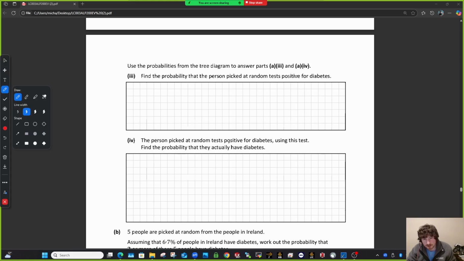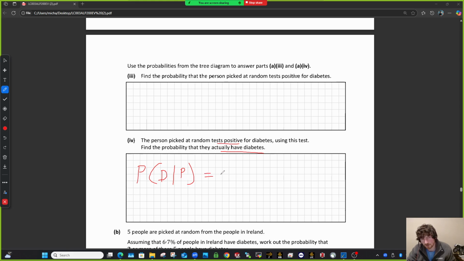The person picked at random tested positive. Find the probability they actually have diabetes. So what this is saying is we're looking for the probability that the person has diabetes given they've tested positive. It's a given probability, this.